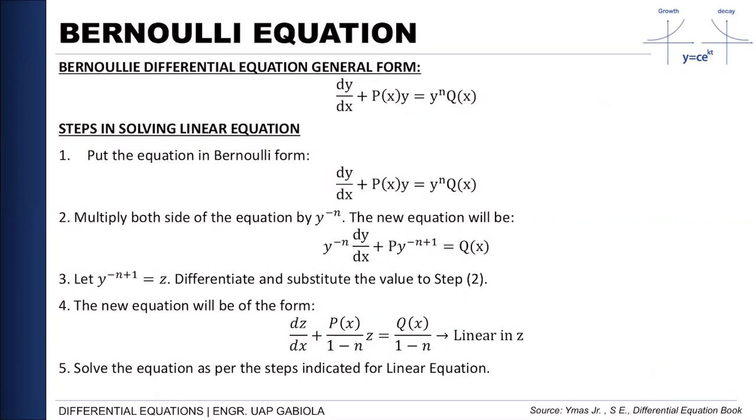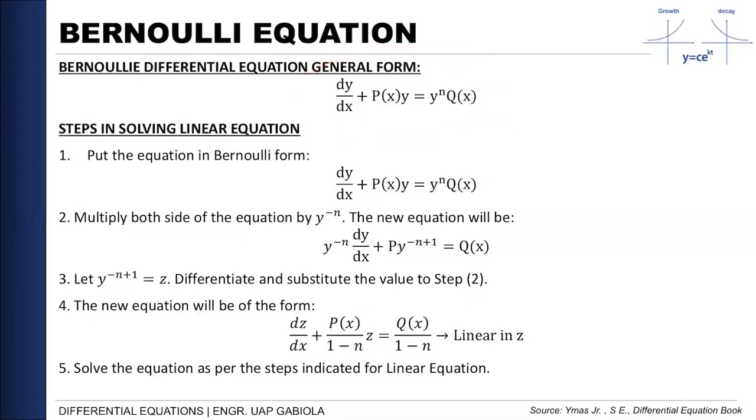In Bernoulli equation, it is a unique type of equation, no? Eventually, after analyzing or converting our Bernoulli equation, it will resolve to needing the solution for linear equation. Okay? So, the form is as follows.